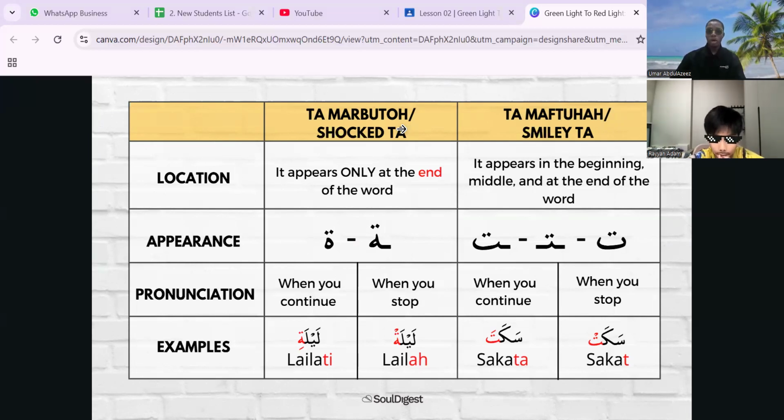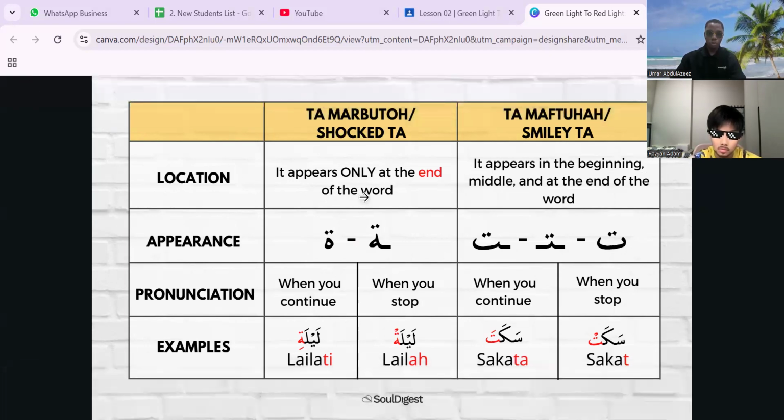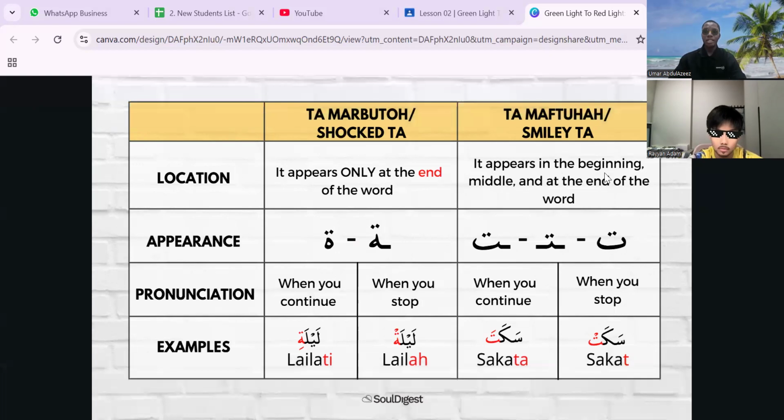The opposite one is the smiley ta, called ta maftuha. Ta marbuta appears only at the end of the word. Ta maftuha, the smiley ta, appears in the beginning, middle, and at the end of the word. Look at the appearance of the ta.